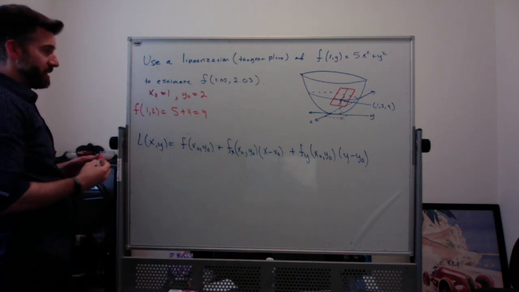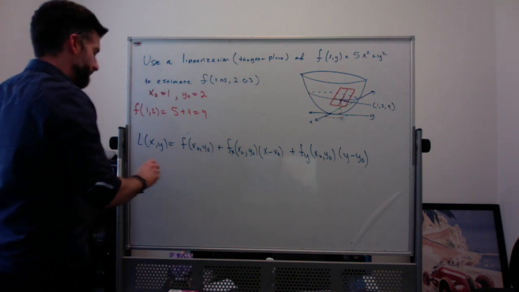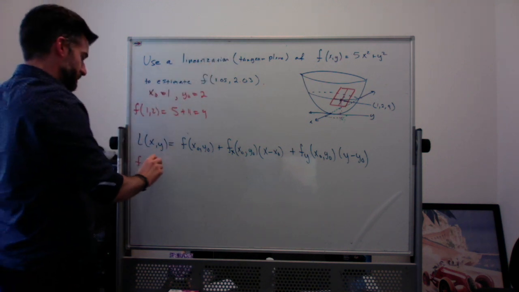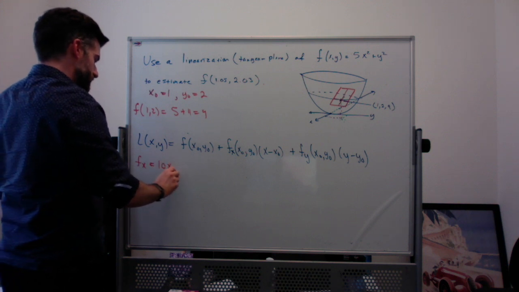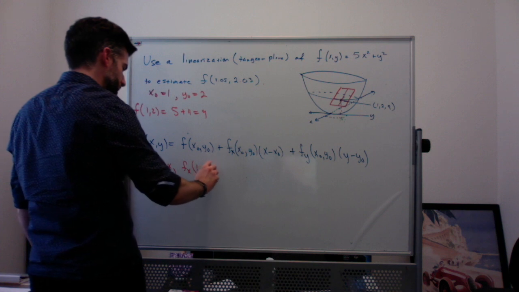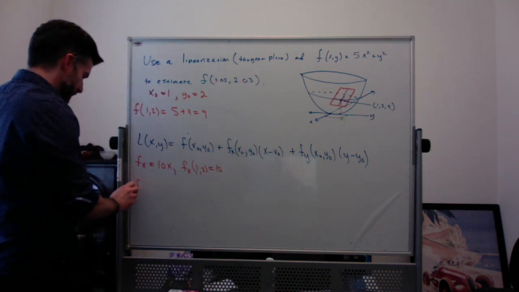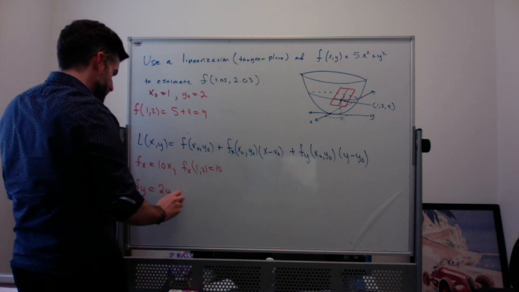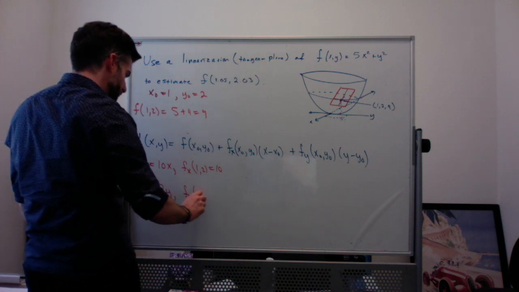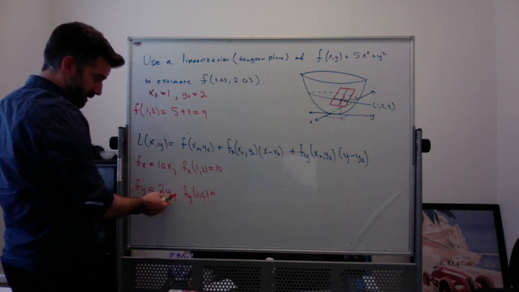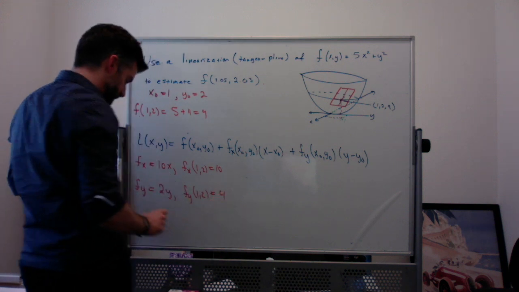We need fx and fy evaluated here as well. So fx is the partial with respect to x, which is going to be 10x. So fx evaluated at the point 1, 2 is just going to be 10. Fy is going to be 2y. Fy evaluated at the point 1, 2 is, well, I'm plugging in the 2 for y, so it's going to be 2 times 2, which is 4.